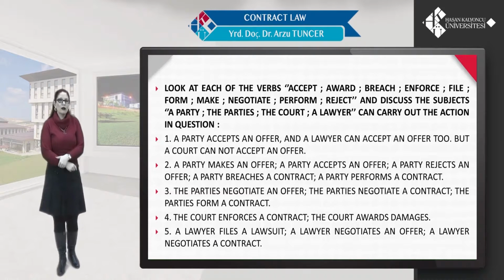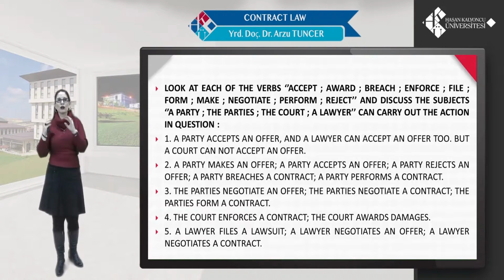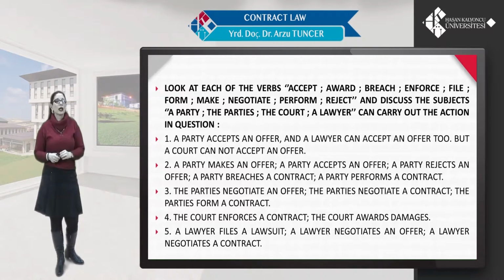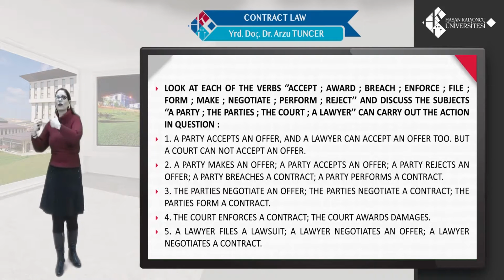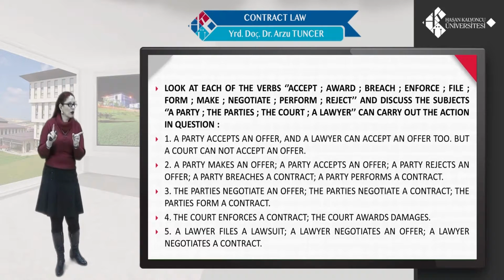So, okay, we'll make a sentence about all the verbs. The first one, we can just make a sentence. A party accepts an offer, and a lawyer can accept an offer too. See? But a court cannot accept an offer. So, you can use it only for either the party or a lawyer to accept an offer.